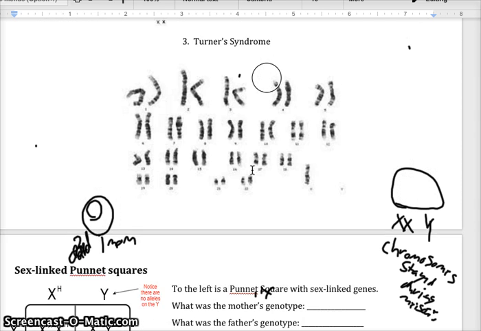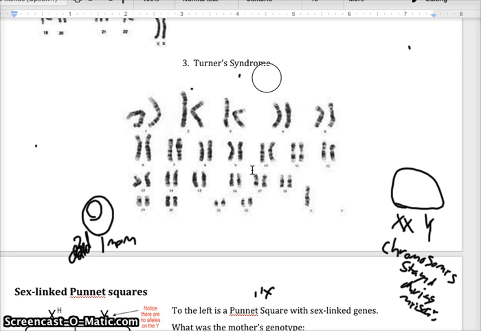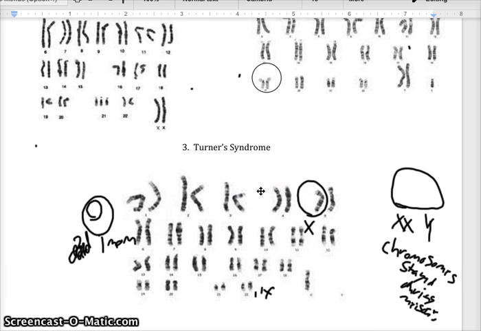And then the last one here is where there's only one X. So instead of having two X's or an X and a Y, you only have one X. This is also because the chromosomes didn't separate. Maybe the baby up at the top, for Klinefelter syndrome, got a gamete that had the X and the Y, and then the other gamete didn't have either.